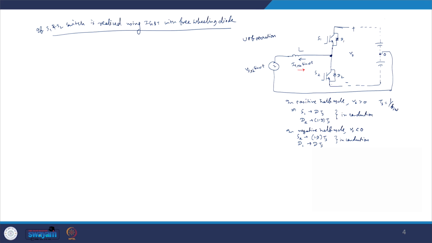Now if we look very carefully, the switch S1 is in conduction for dTs duration, where D, as we already know from the previous slide, is nothing but 1 by 2 plus m by 2 sin omega t, and this is in conduction for the dTs period only during the positive half cycle.